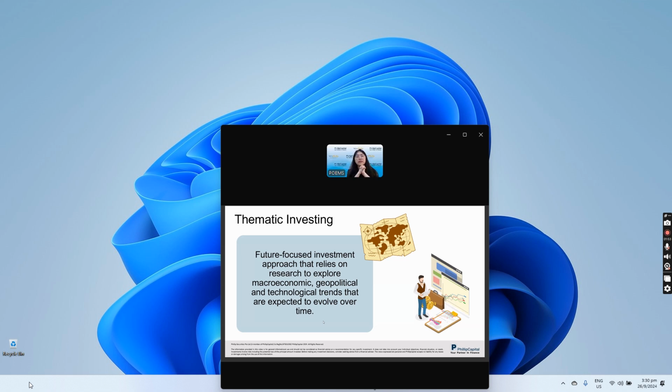I want to start investing in IT, but I don't know which shares or equities are good. So I can simply go to a fund, for example, one specialised in the IT sector. Then the fund manager will help you pick the top performing ones already. So it's an easy way to let you explore.